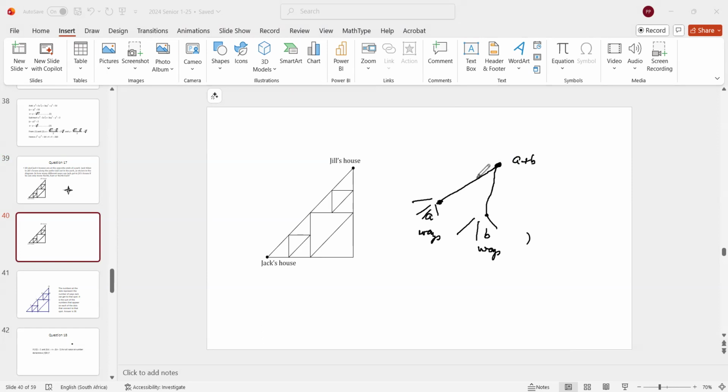And likewise for B. So when you've got a setup like this, you can always add the two. And that's going to help a great deal. If you take this point, there's only one way you can get to it.